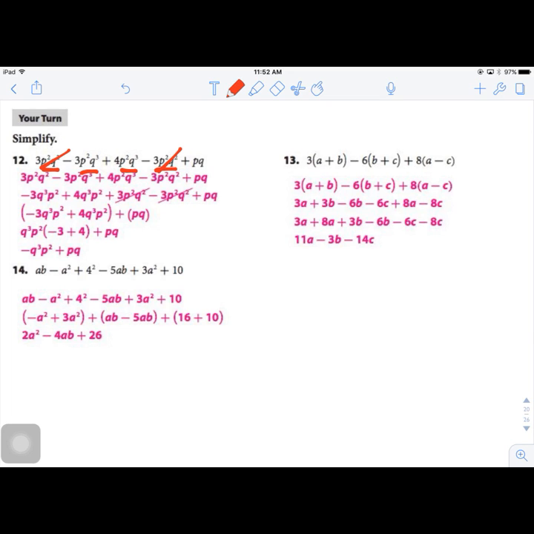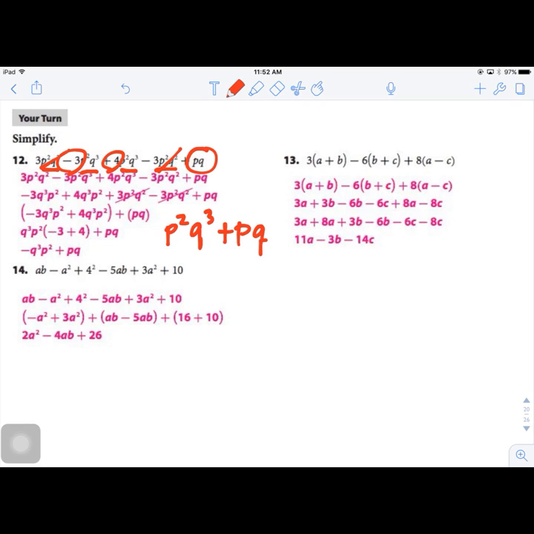Combining the coefficients, -3 plus 4 gives us a positive 1 p squared q to the third. And notice that pq is left alone by itself, so we have a plus pq. And that would be the final answer.